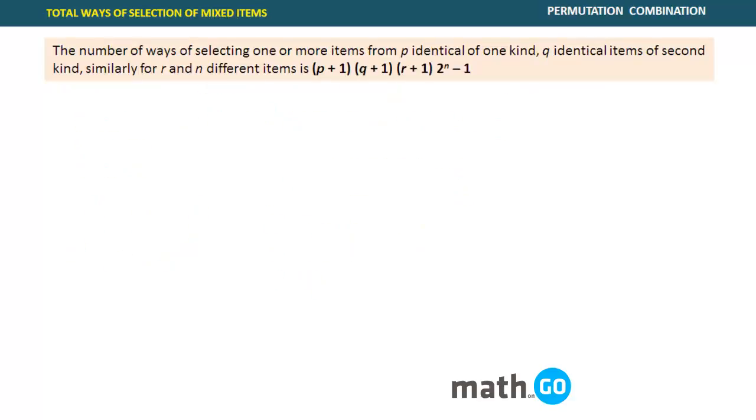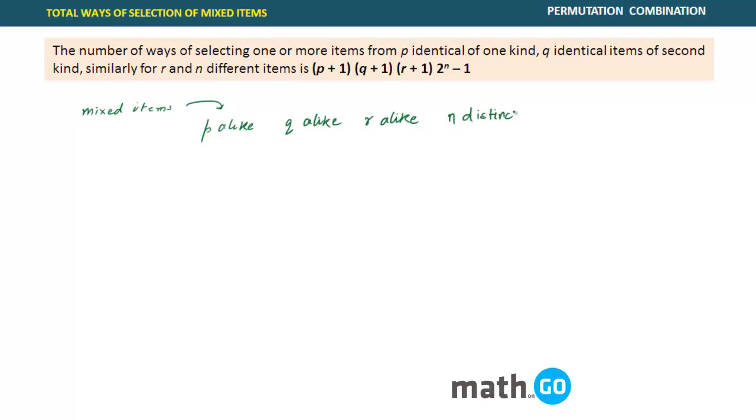Okay, now if we were to take selection in terms of mixed items, what do I mean by mixed items? Mixed items means p alike, p items which are of one kind, for example p red balls. Then q alike, q blue balls, and r alike, let's say r white balls. And there are n distinct items also.